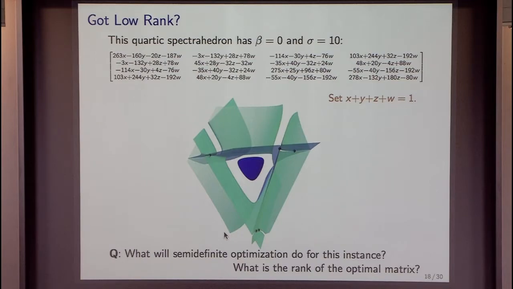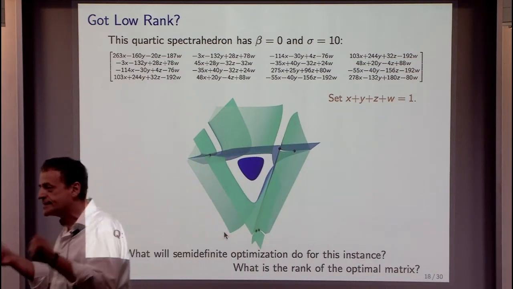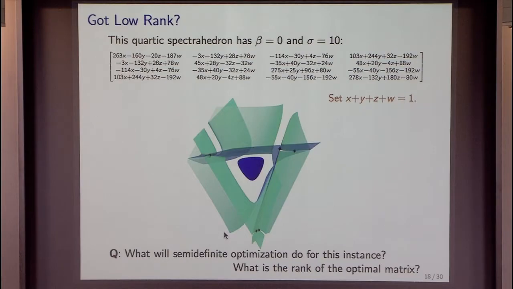Now the question for the audience is, what will semidefinite programming do for this instance? So Jim takes this matrix and gives it to an OR student at Cornell, and that OR student picks random linear functionals 10,000 times and looks at the optimal matrix and says, what's the rank of that optimal 4x4 matrix? Question clear?